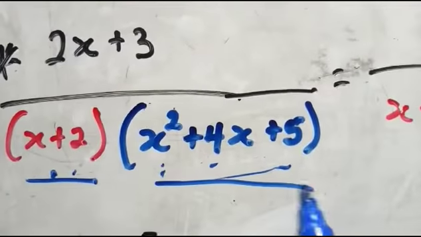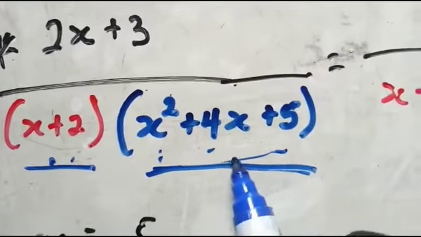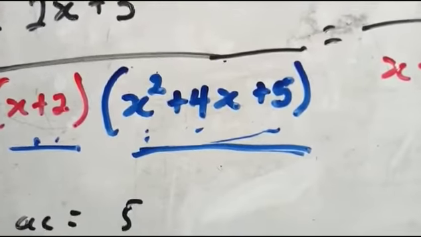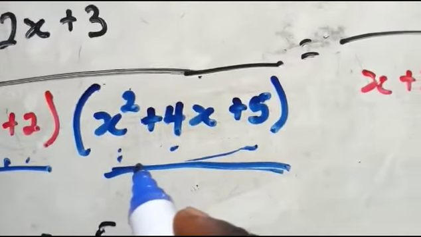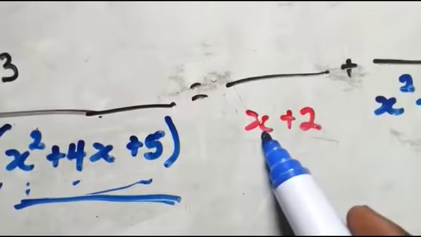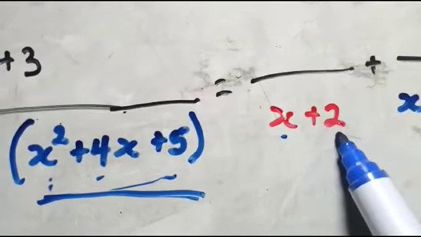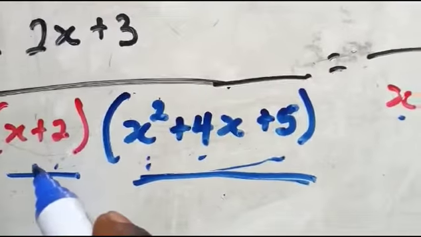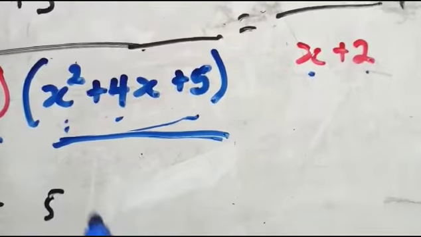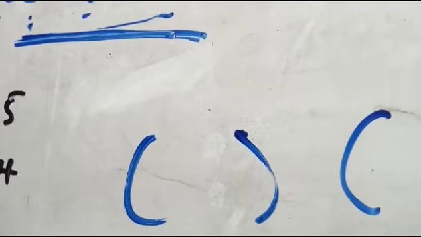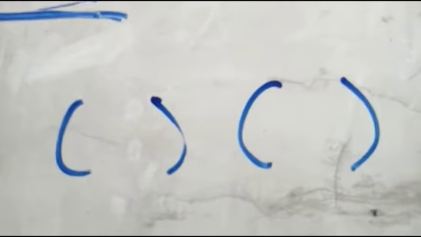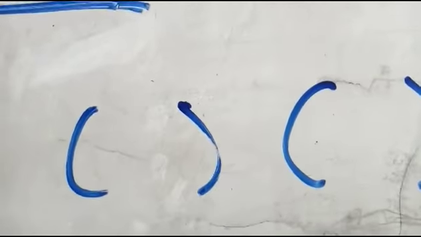So what about this portion here? You just have to check whether you can factorize, whether you can solve the quadratic here. So of course the first person will be x plus 2. What about the second one? You check whether you can solve this quadratic to factor it into two different factors, something like this.